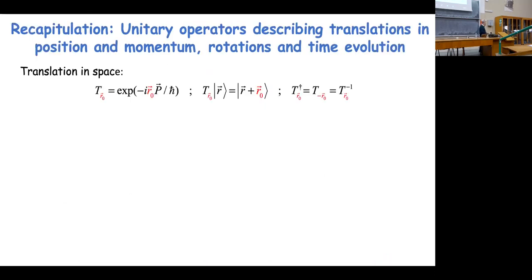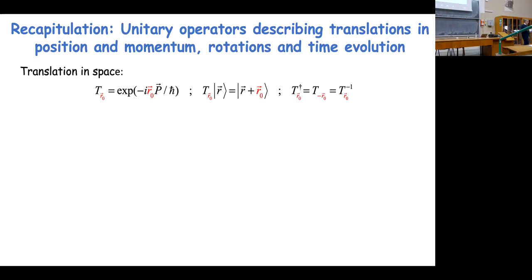On the next slide, I just summarize the result that we obtained here with results that we obtained last week. I remind you that last week I described the operator which describes translation in space. If you want to translate a ket representing a particle at point r, you apply an exponential operator, which is an exponential of the momentum, with here a parameter which is the quantity that you want to translate by. And by applying this to r, you get r plus r naught.